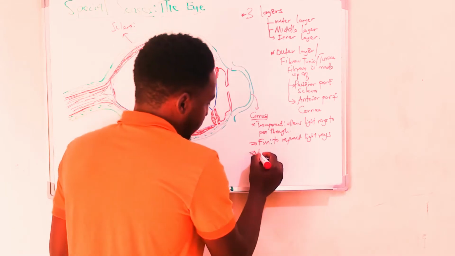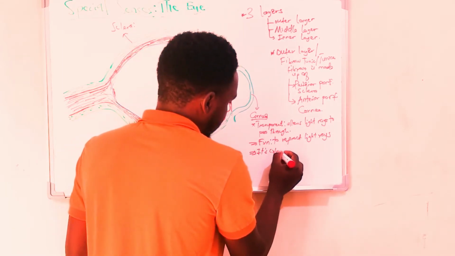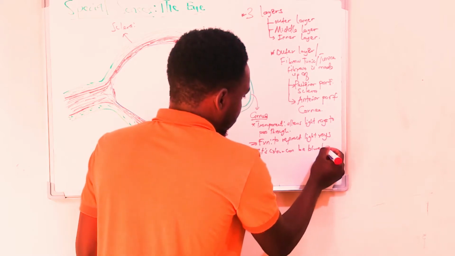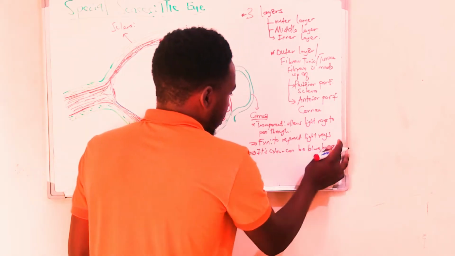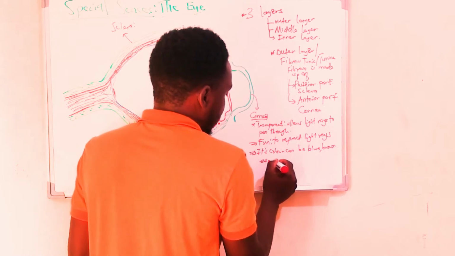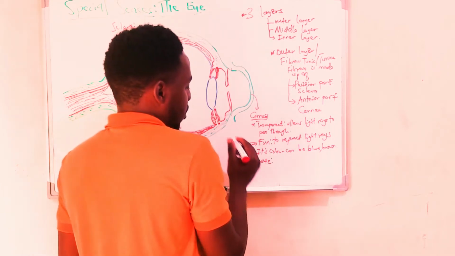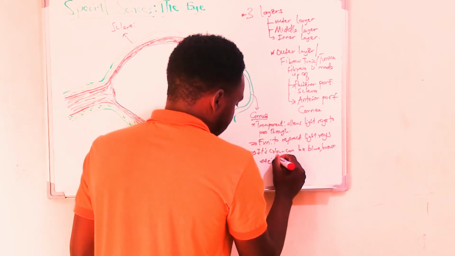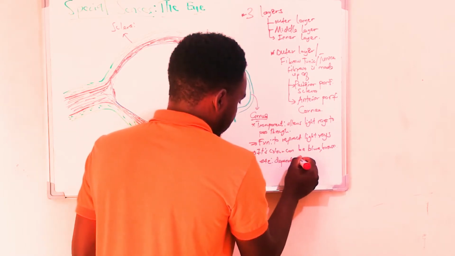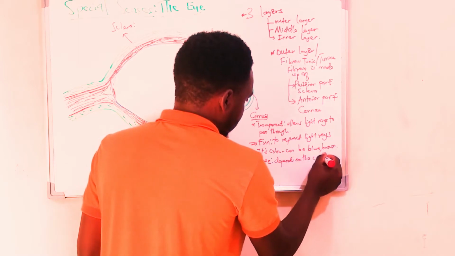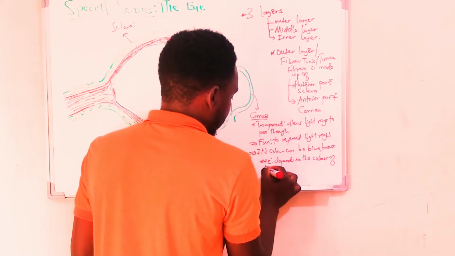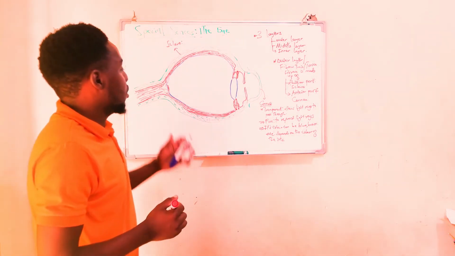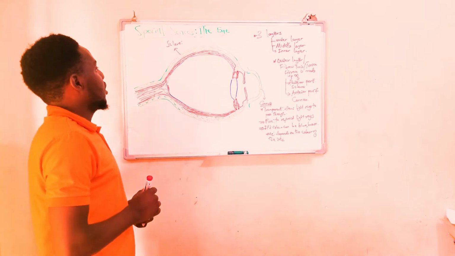Its color can be blue, brown, and other colors depending on the color of the iris. Then the posterior part is the sclera.